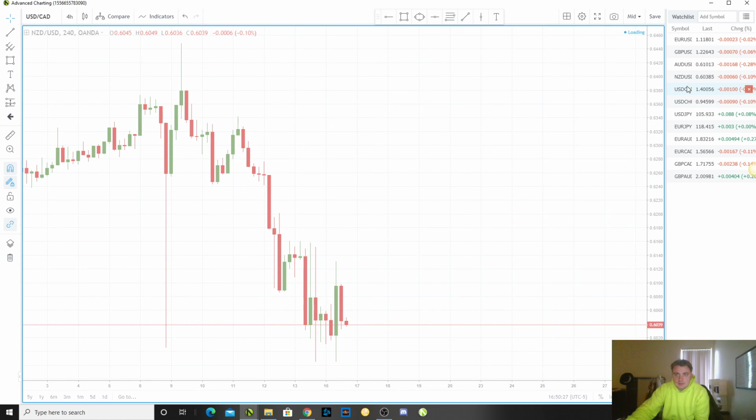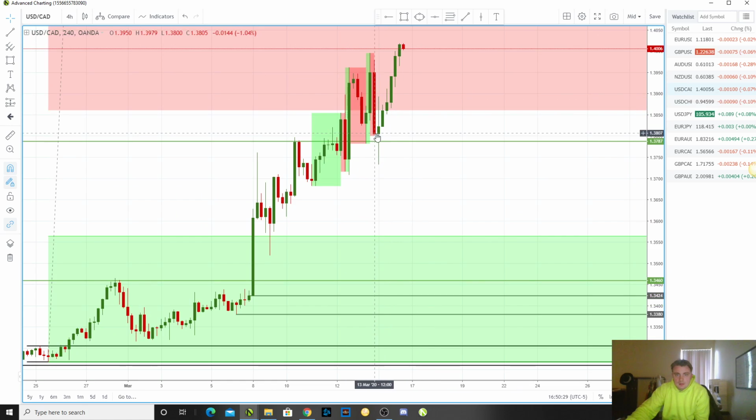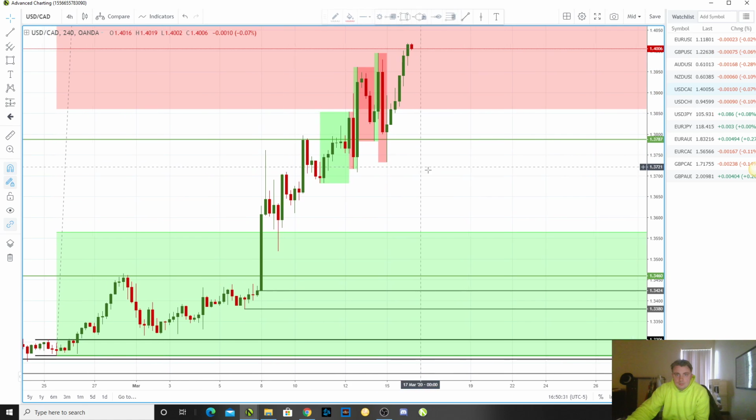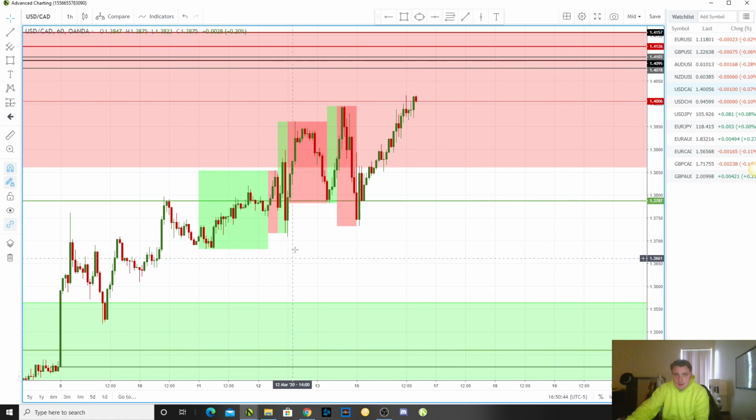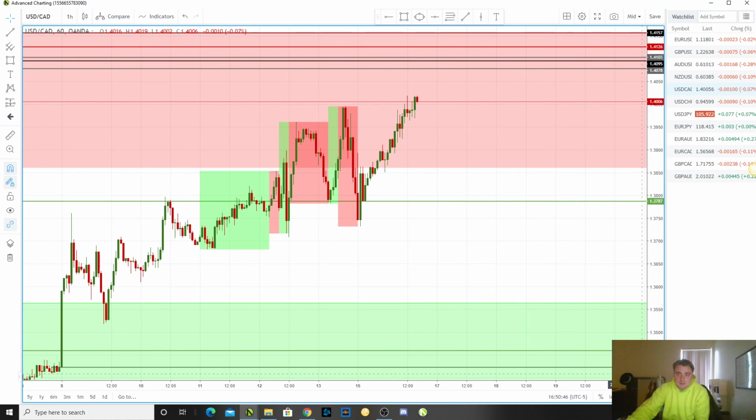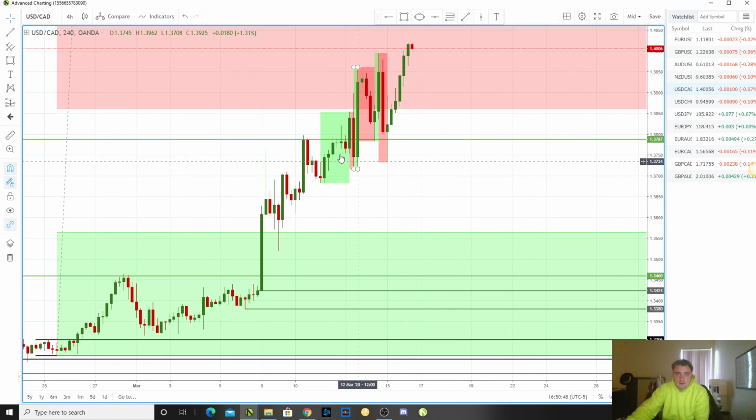Let's see what the dollar CAD is going to give us today. More upward strength. See this zone right here, this big weird looking one? That worked. I thought this was going to be a decent zone, which it was, but this is the one that ended up working. But for me at least, the profit margin is just not there to take it.